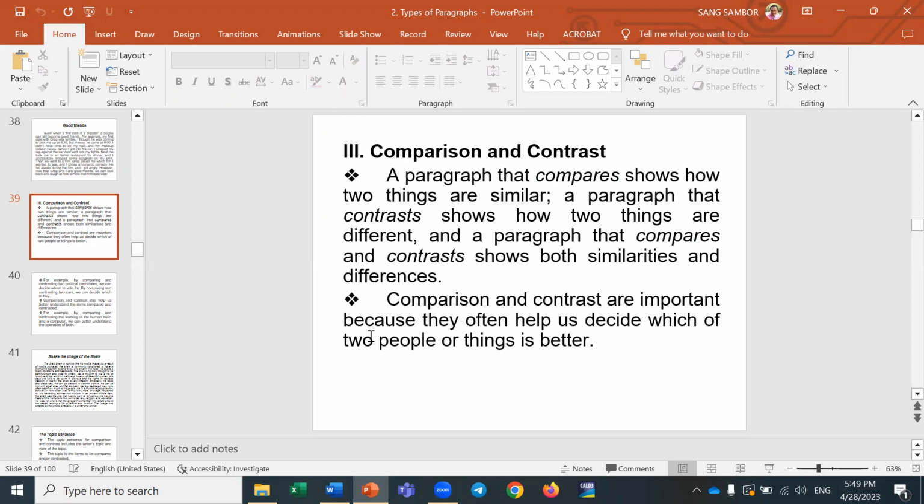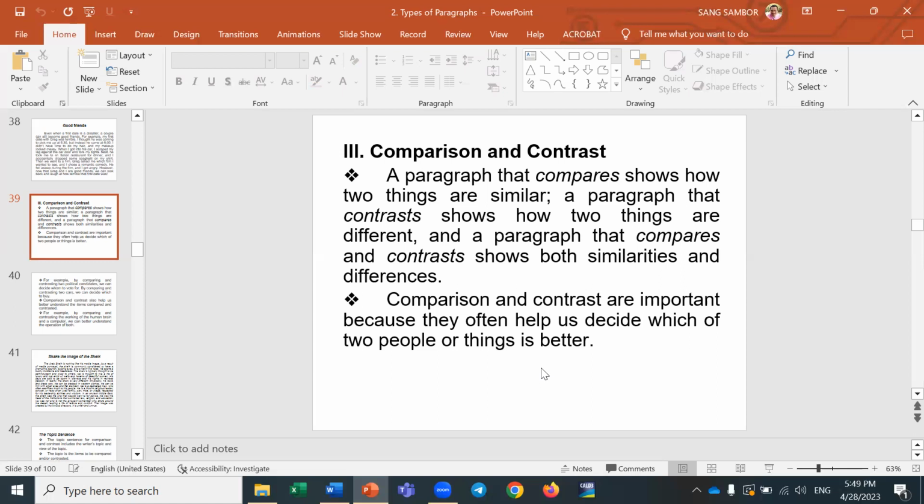Comparison and contrast are important because they often help us decide which of two people or things is better. Remember, writing comparison and contrast analysis is very important for us as writers, because generally we are making comparisons and contrasts in our life.